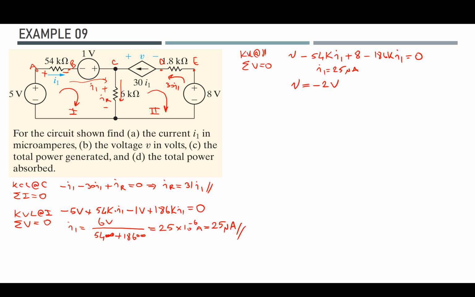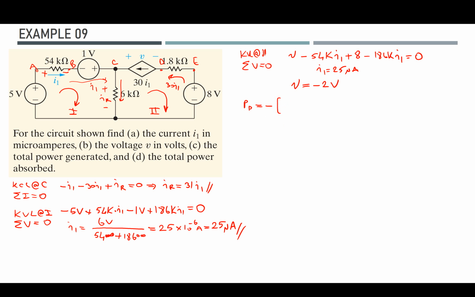I can calculate all the powers, but let us first calculate the power delivered by the voltage sources. P delivered would be the 5 volt source times I1. Of course, since the current for all sources will be opposing their reference direction, I'm going to get a negative sign at the very beginning.